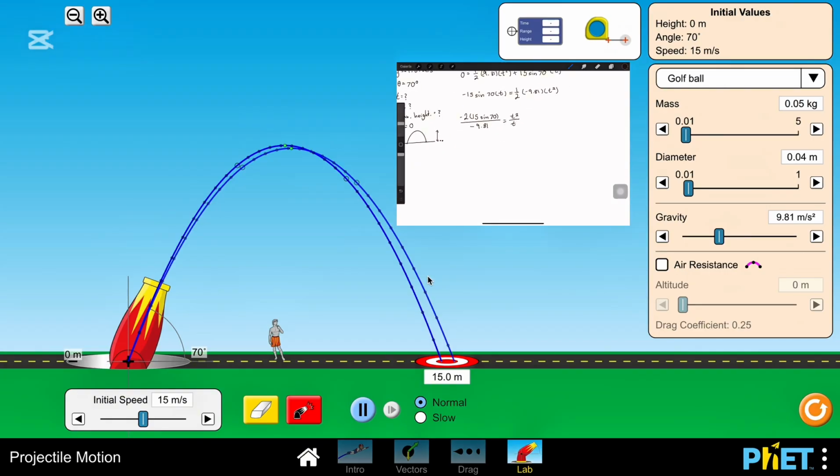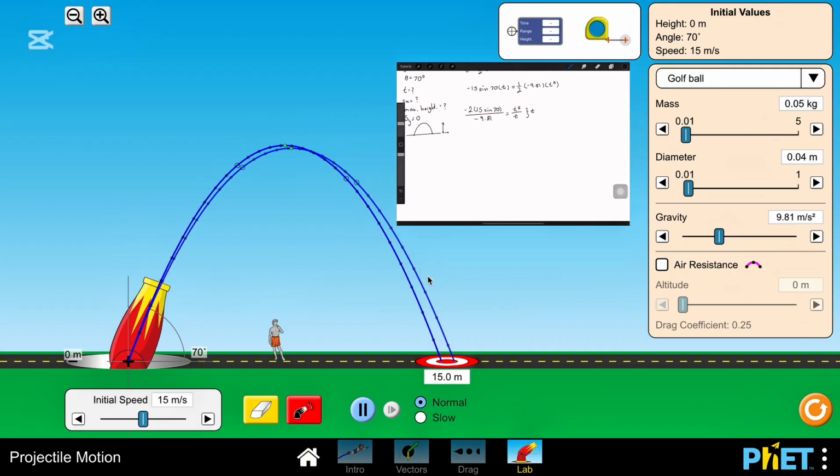We know that this is equal to t. So here we have the equation: t is equal to minus 2 times 15 sine 70, over minus 9.81.